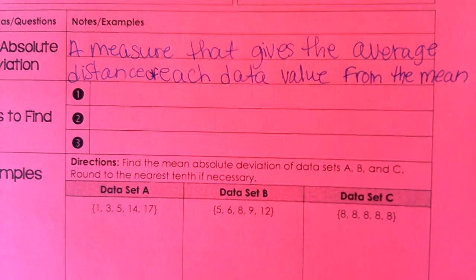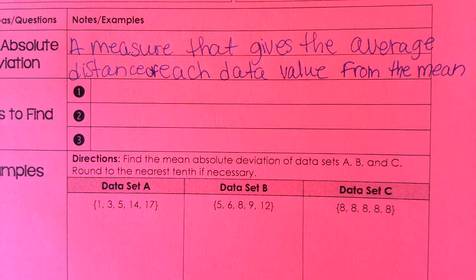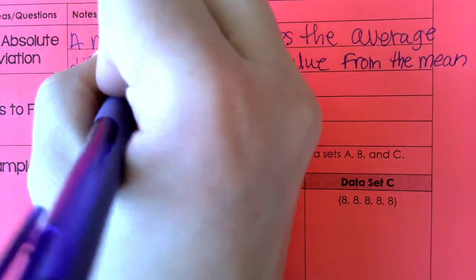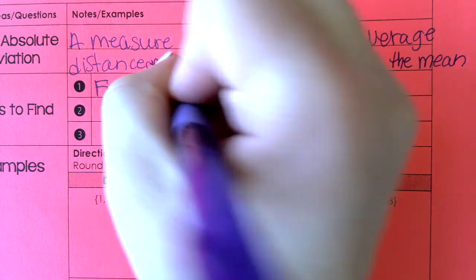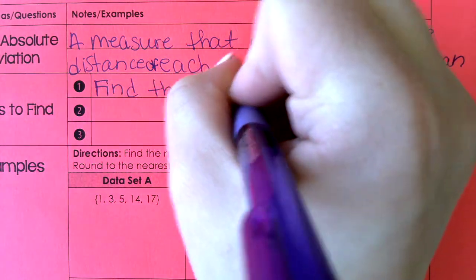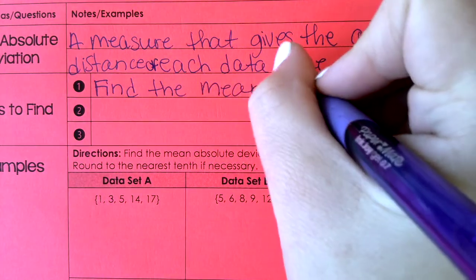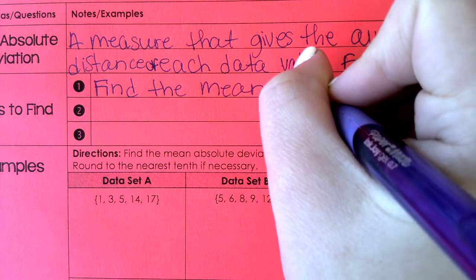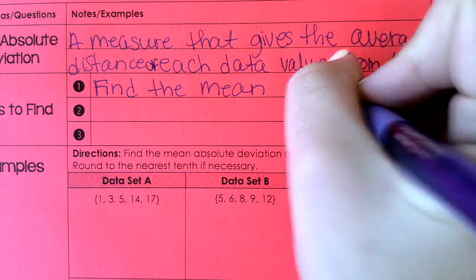So here's what we're going to do. We have 3 steps that we need to follow. Our first step is we have to find the mean. So remember, that's the sum divided by the total numbers.